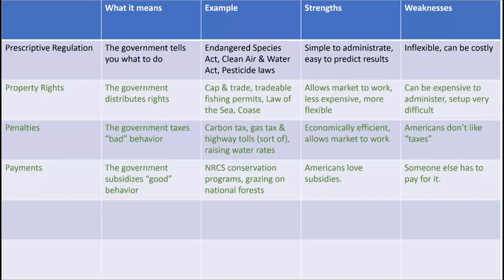One of the other problems with payments is that subsidies tend to be given to things that are maybe not necessarily such a great idea. So grazing on national forests is controversial, and the fees that people who have permits to graze on national forests pay are so low they essentially amount to a subsidized grazing.